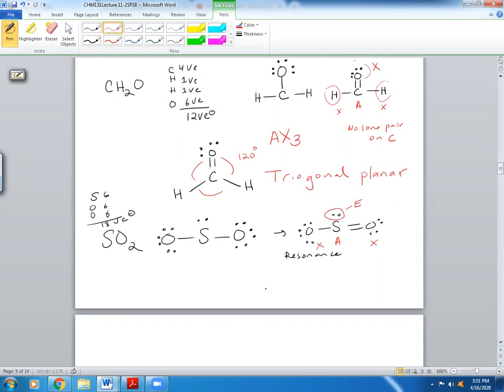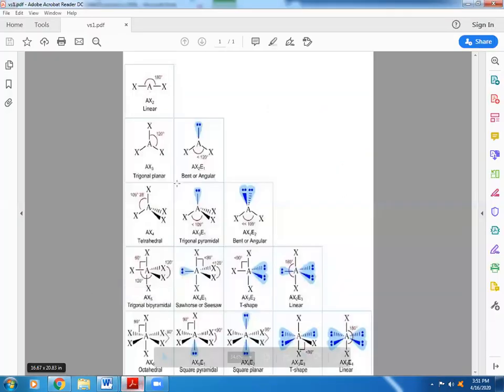That's E. So therefore, we have AX2E, or E1. I'll just be consistent with what you have on the sheet right here, because it says AX2E1. You can either call it bent or angular. Either one is fine, but this is the structure.